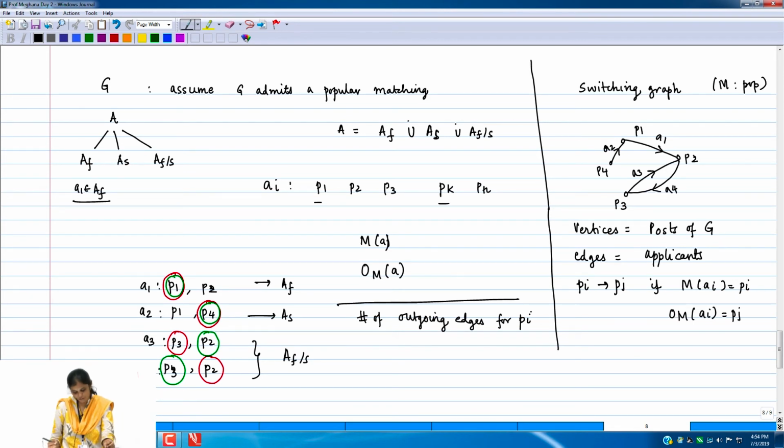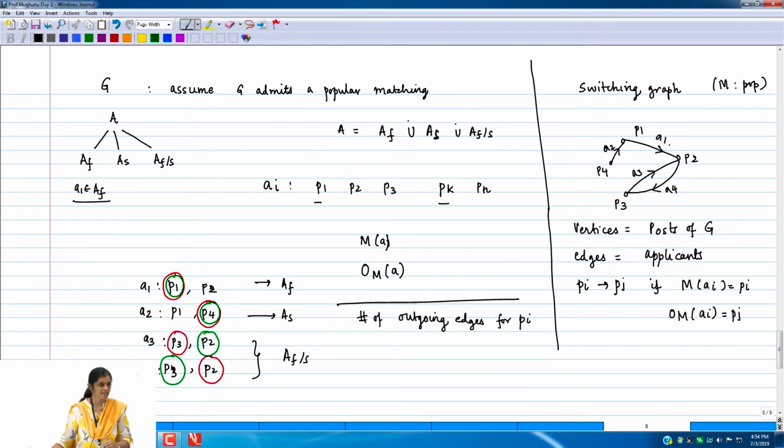No, I am not asking for P1. For any P, how many outgoing edges can be there? In this example, how many outgoing edges does every vertex have? 1. Can it have more than one outgoing edge? So how will it have more than one outgoing edges?